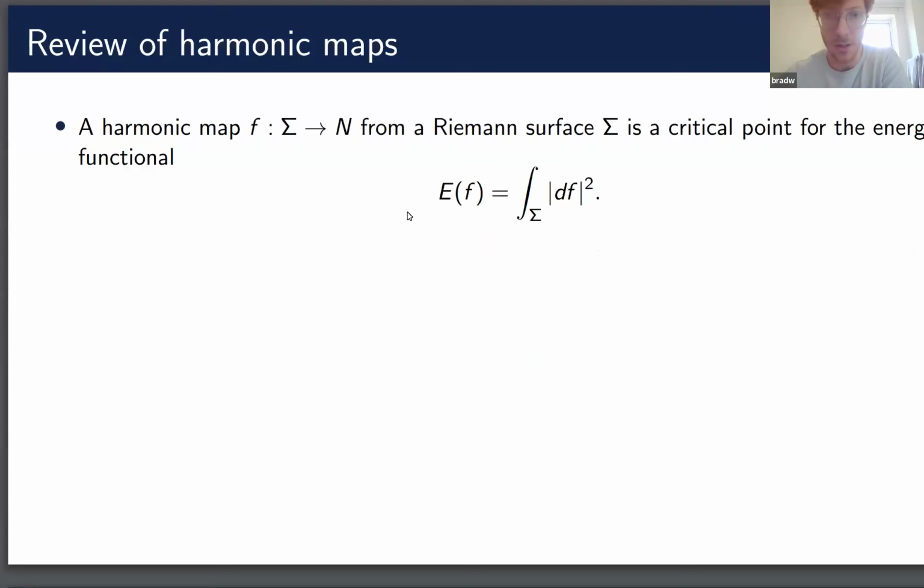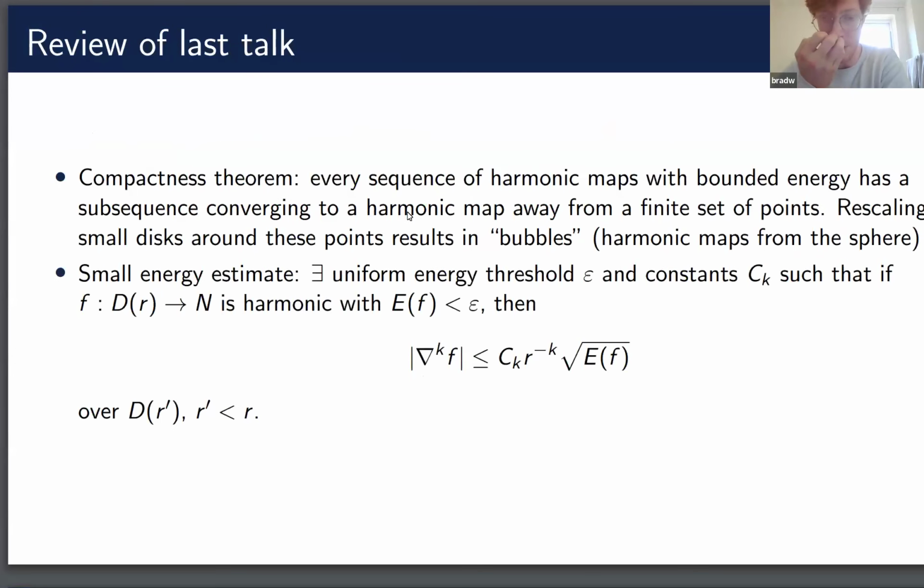One of the things we showed last time was this small energy estimate. This contributes half of the proof of the compactness theorem. We showed that there was a uniform energy threshold epsilon and some constants, such that if you've got a harmonic map from the disk with energy smaller than this threshold, then all of the derivatives are bounded by this function here.